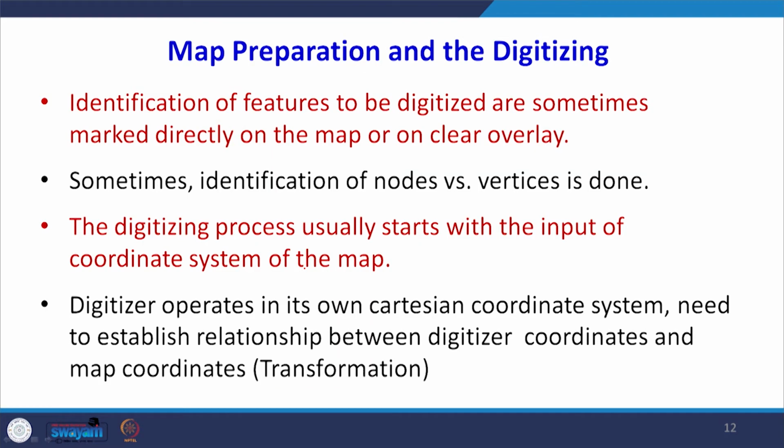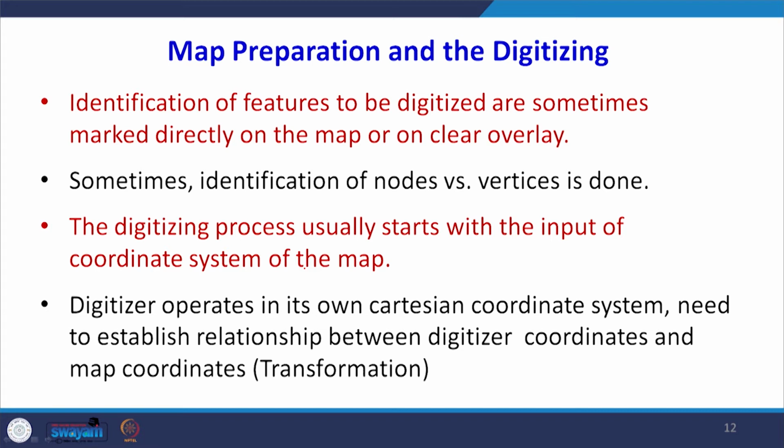Now there is a certain procedure for preparing the map before you start digitization. You have to identify the features which you are going to digitize. So it could be a line feature, it could be area, it could be polygon feature, or all. So you have to identify which are those features, because you may not like to digitize the entire map.